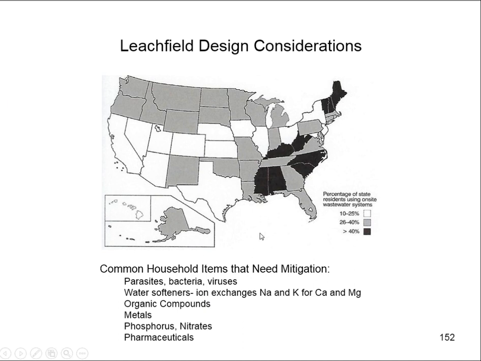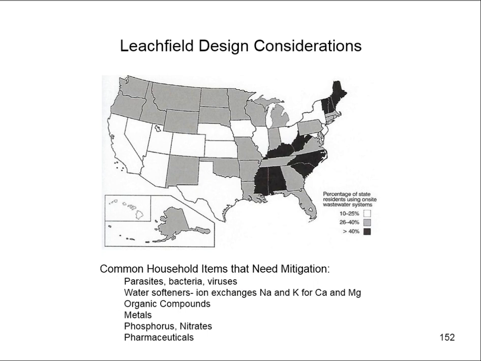So if we look at this map of the US, although this is an older map, basically we have many, many states that depend on these types of systems. And so the things that we need to look at as our human waste goes in are parasites, bacteria, and viruses.